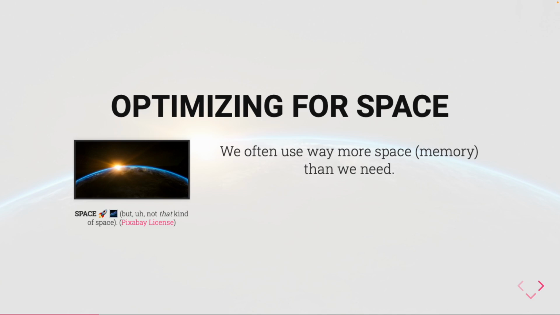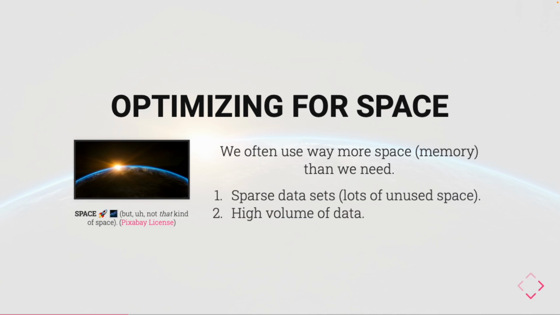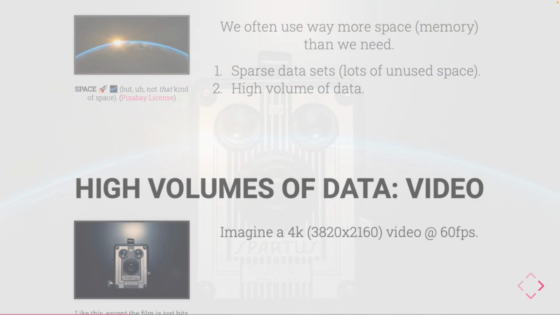And we often use way more space than we need. Why is every app now a Chromium instance that uses several gigabytes of RAM? Two examples of bad space optimization are sparse data sets, so there's lots of unused space, and when you have a high volume of data.